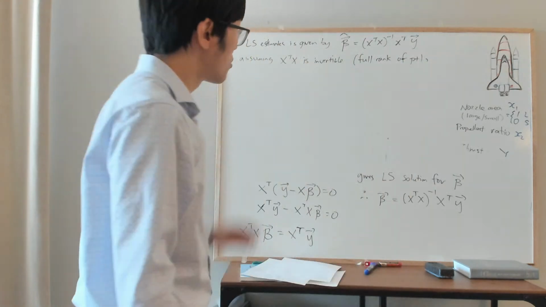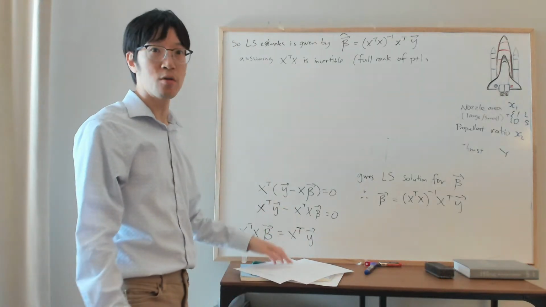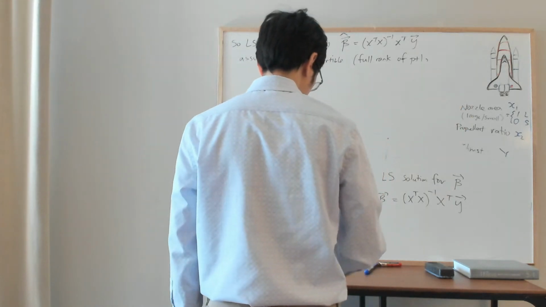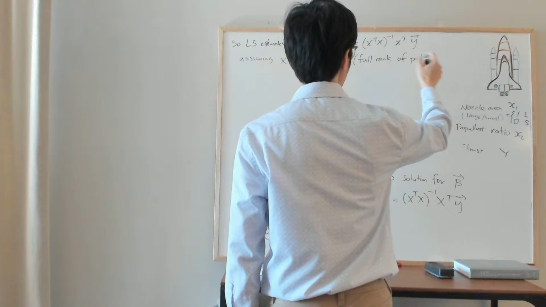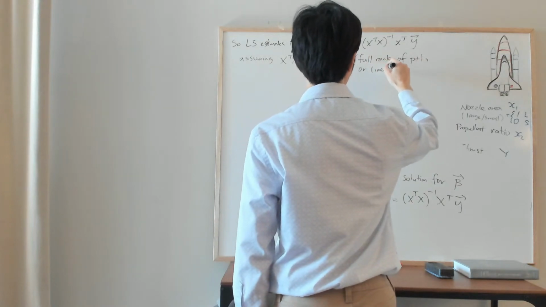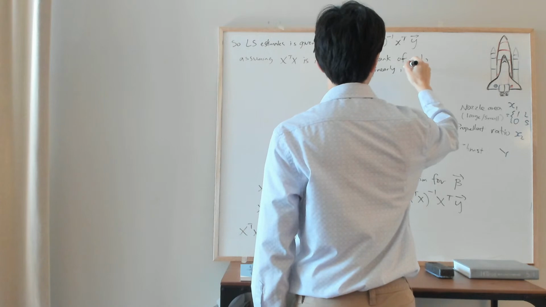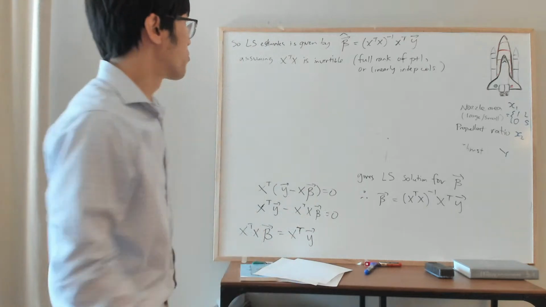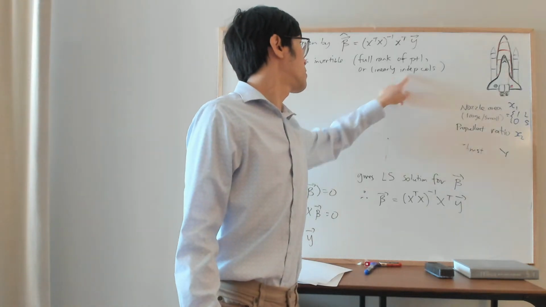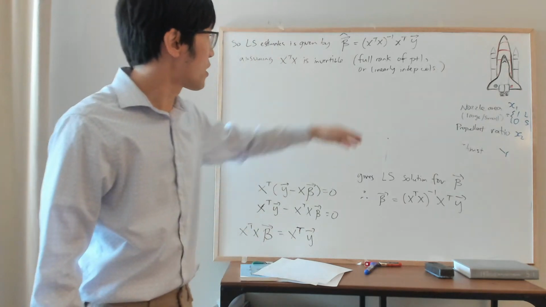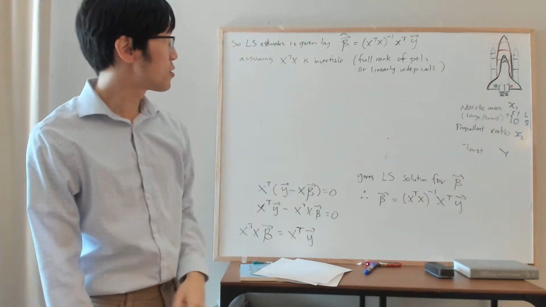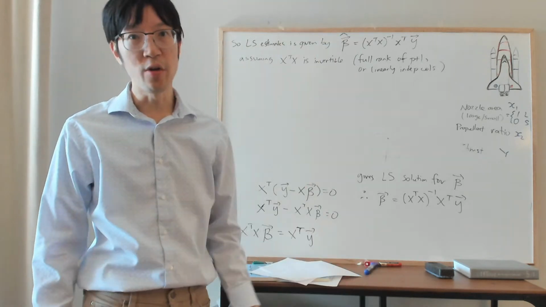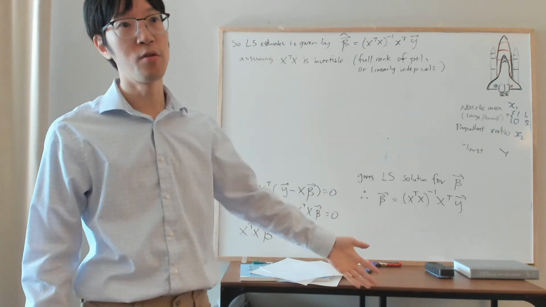Or equivalently, another useful way to think of it, which has a practical notion, is that the columns are linearly independent. So that says that you cannot express one of the X columns as a linear combination of the others.